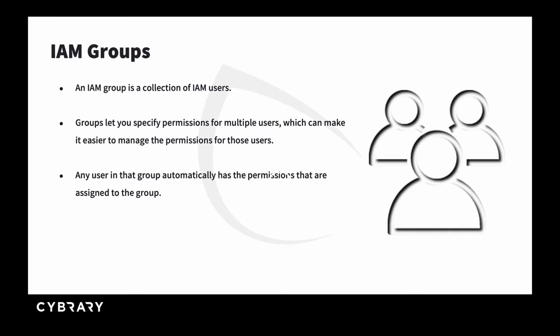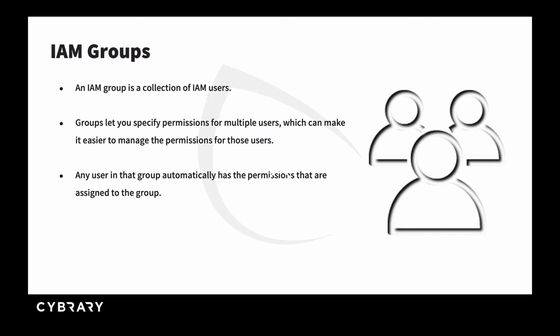Now, let's dig into IAM groups. An IAM group is a collection of IAM users where you are able to specify permissions for multiple users, which makes it much easier to manage permissions for a collection of users that need the same privileges instead of assigning permissions individually.